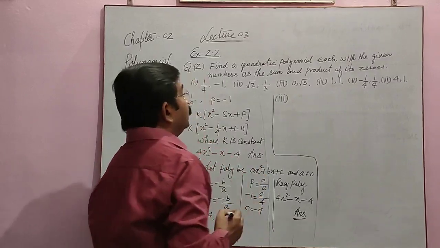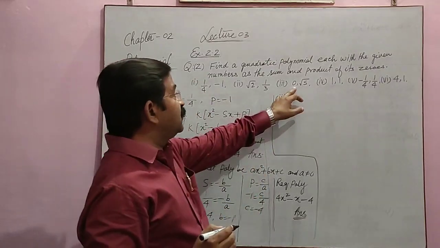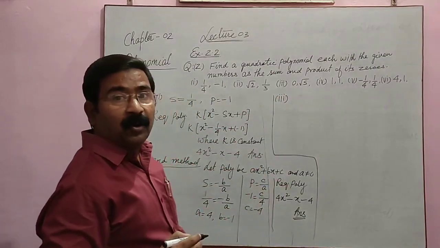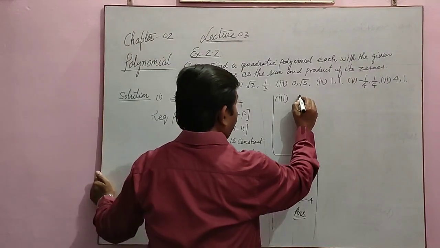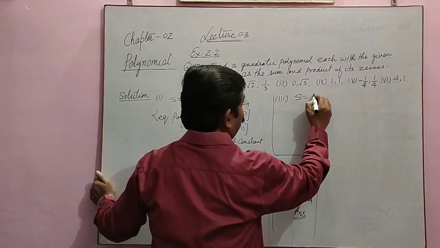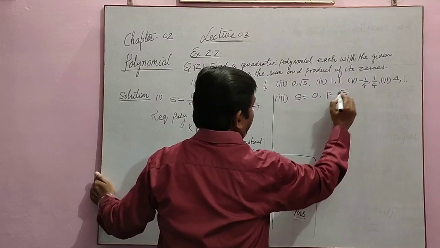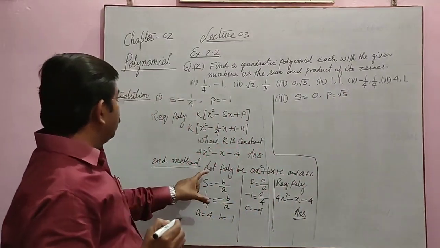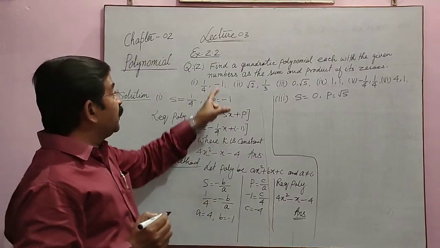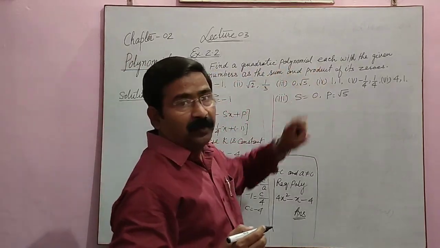See, here the first number given is the sum and the second number is the product. So you are given s is equal to 0 and p is equal to root 5. I am using the second method because you are given to find a quadratic polynomial.